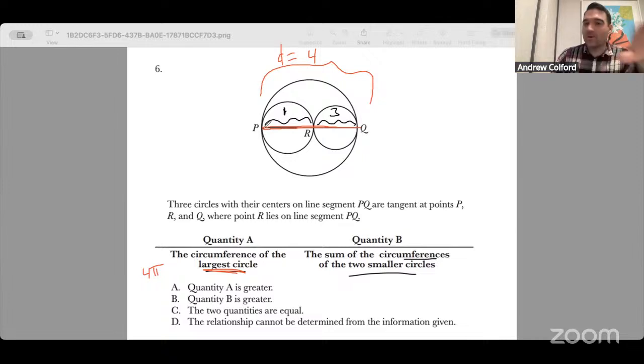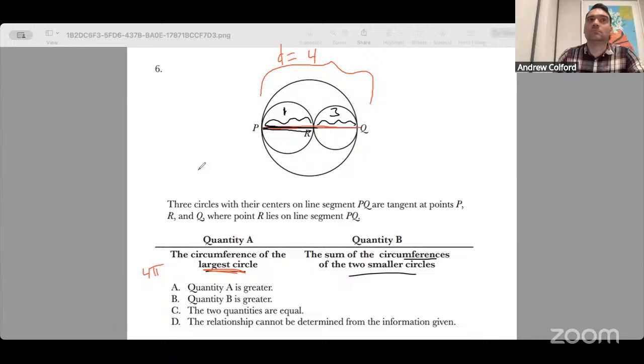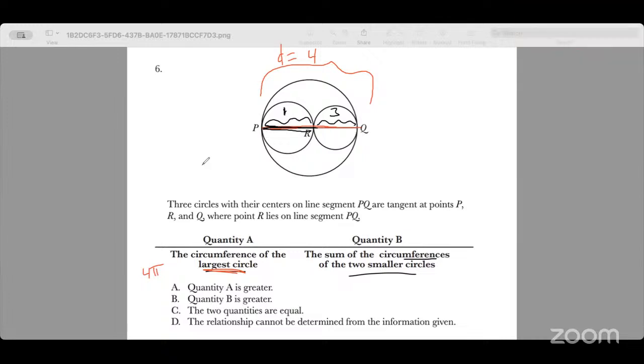So if we go down this path and say PR is 1, the diameter of PR is 1, what's the circumference of PR? If the diameter is 1, it would be 1 pi.